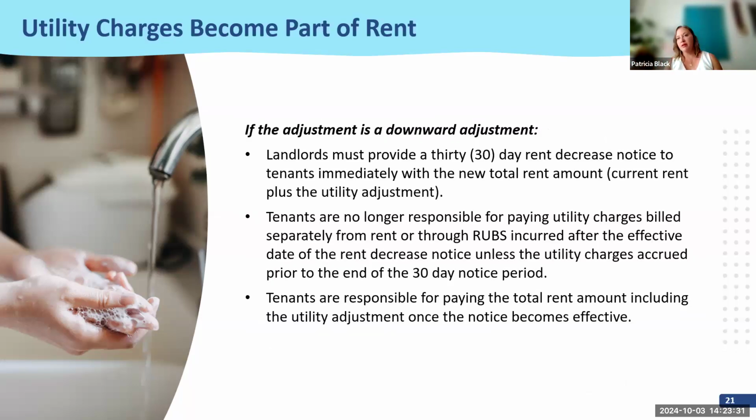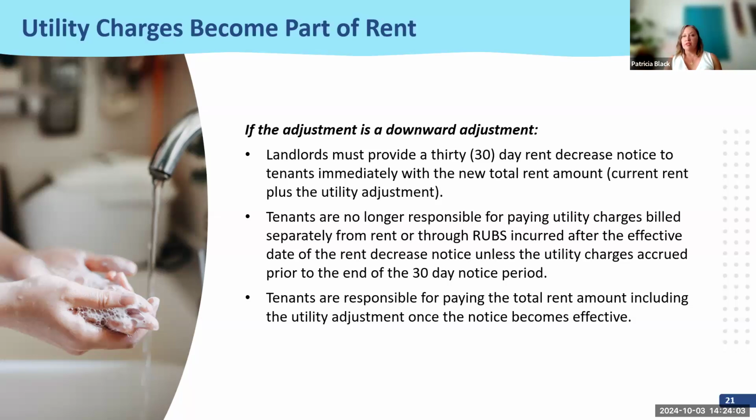If it's determined that the adjustment is a downward adjustment, so if the process has this outcome where the adjustment is less than what the tenant paid on average during that 12-month window, then you as the property owner must provide a 30-day rent decrease notice to tenants immediately with the new total rent amount, which is the current rent plus the utility adjustment.